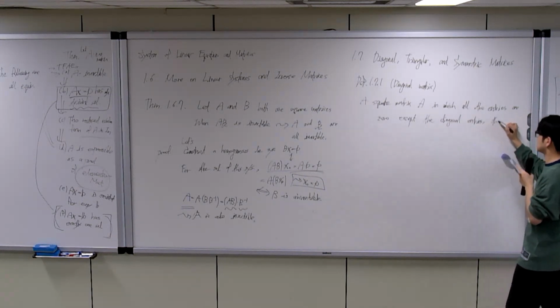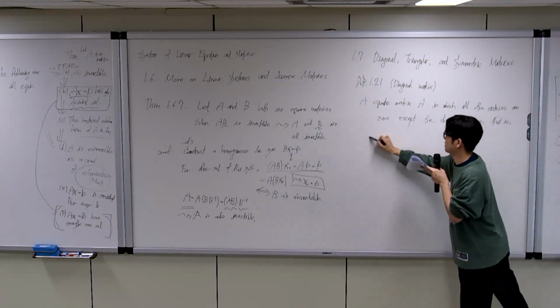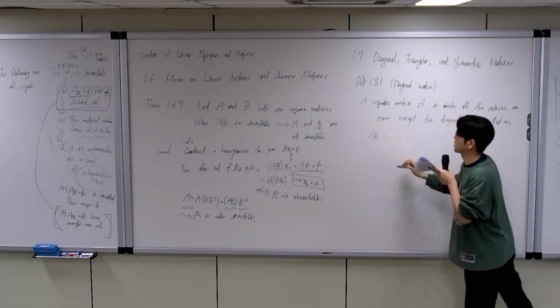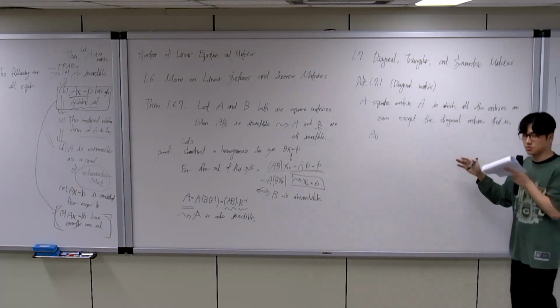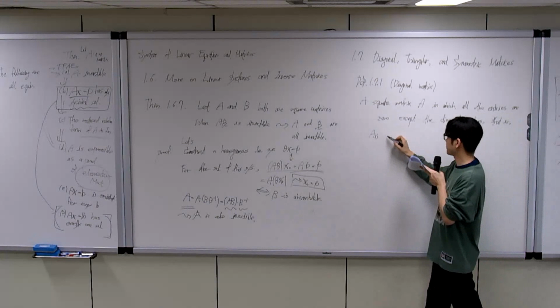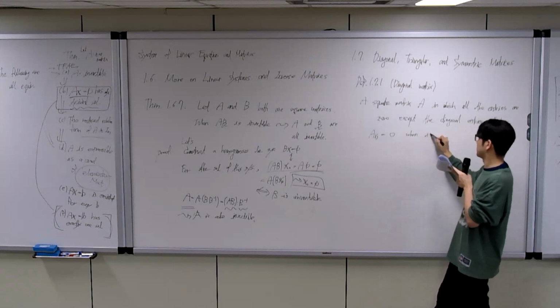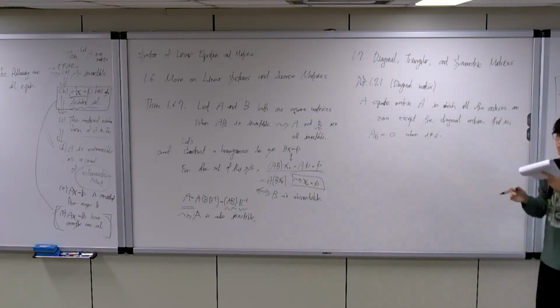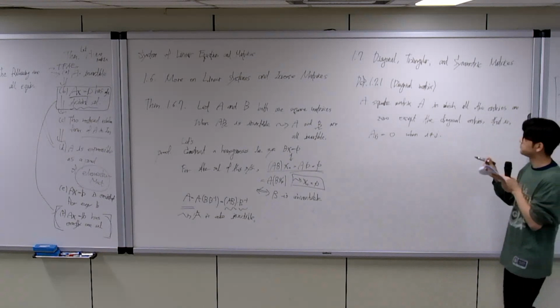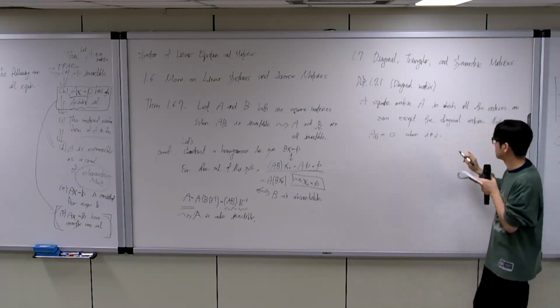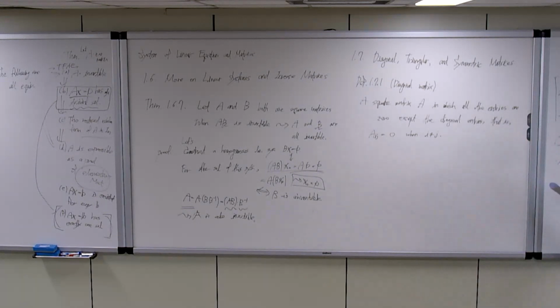That is, if we denote the entries of ij position like aij, then it is 0 when i and j are different. It is so. Let me give an example of diagonal matrix.